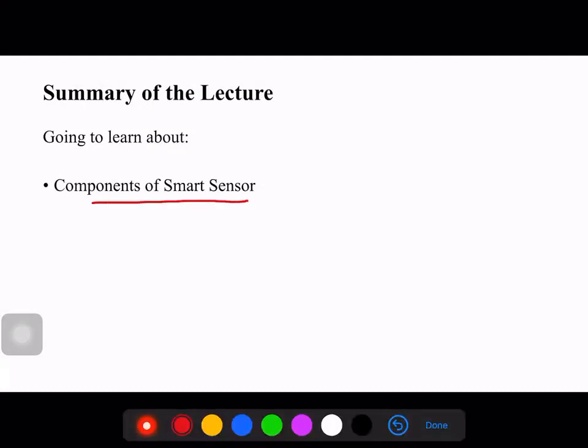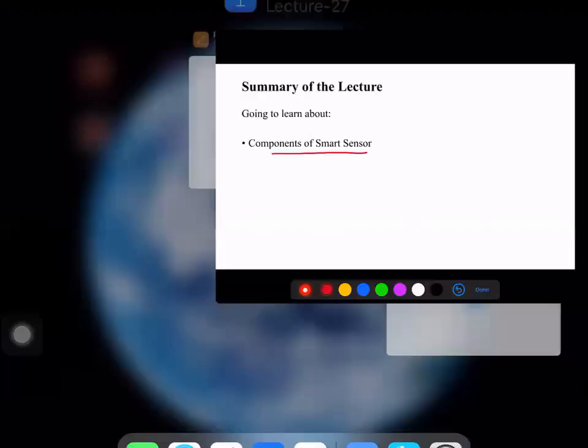Means what are the components we are using for designing any smart sensor, or which are used in any smart sensor. Okay, so let's start with some basic points that are important for this smart sensor.